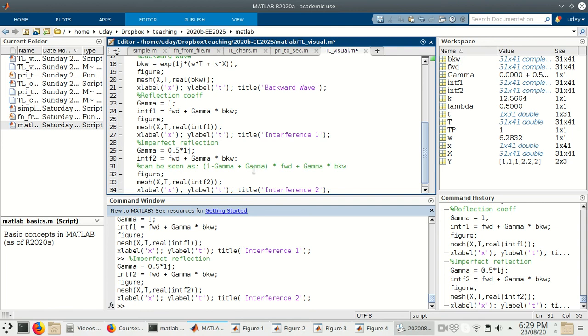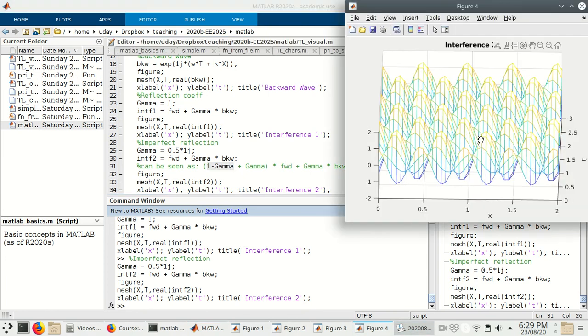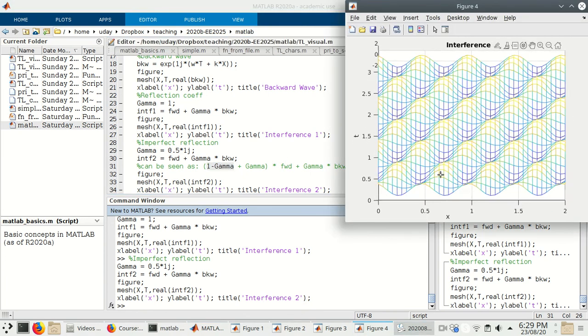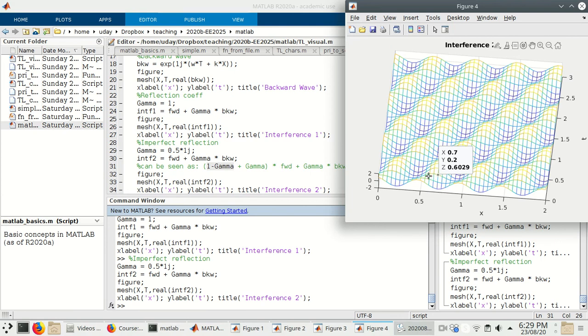Now if I take the gamma terms, these two terms, this is what is going to give me a perfect standing wave, and what is left, which is 1 minus gamma times forward, is the forward traveling wave. So it makes sense that this interference 2 wave that I have plotted over here is a superposition of a perfect standing wave and a remnant forward traveling wave.